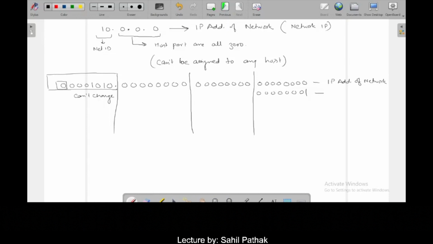Now we can assign 0 0 0 0 0 0 1 to, let's say, host 1. You can also give it to the interface of a router. Okay, and similarly 1 0 1 1, then 1 0 0, and so on. This is how you can assign.